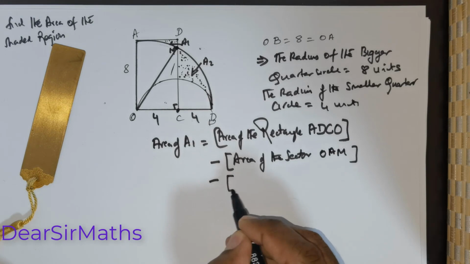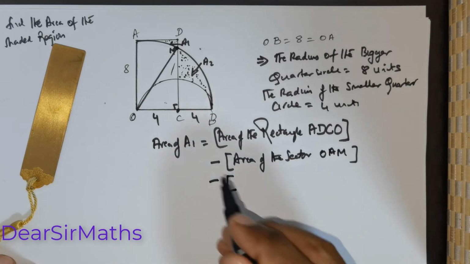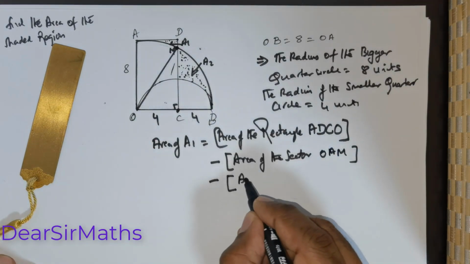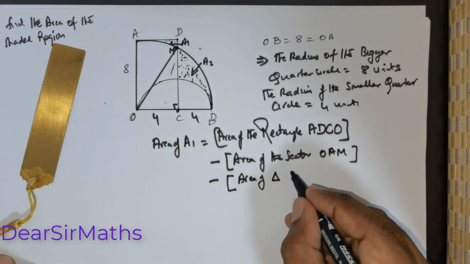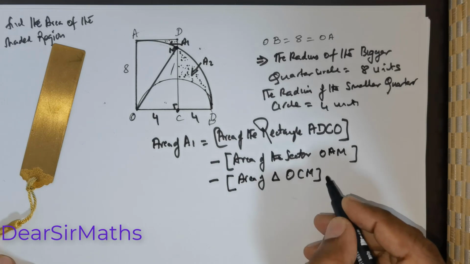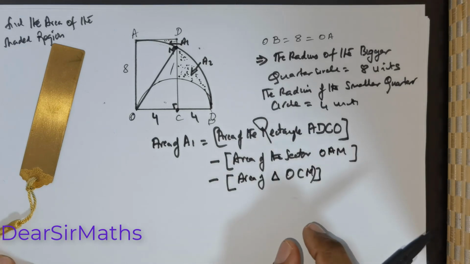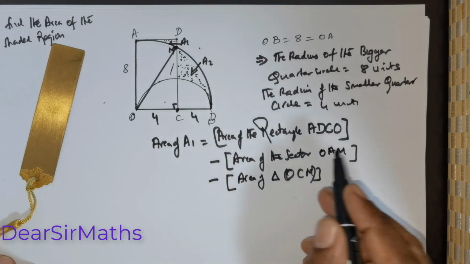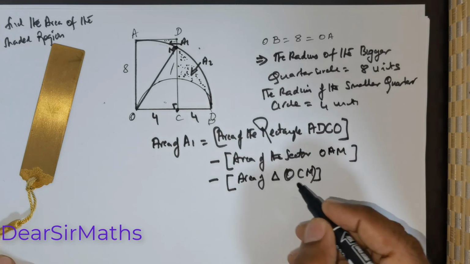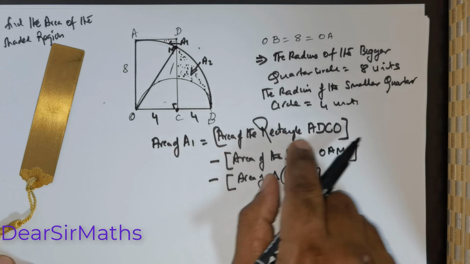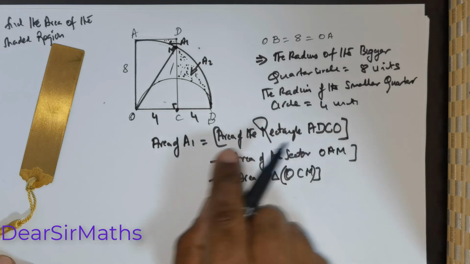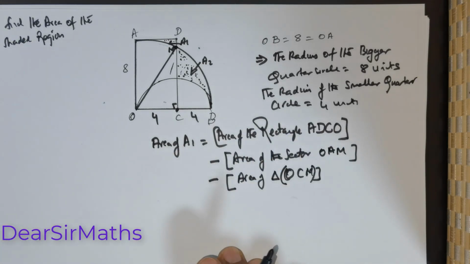And I'm also going to be removing this triangle, area of triangle OCM, right? So all of these things I'm going to be getting rid of from the area of the rectangle, so that I get area A1, right?